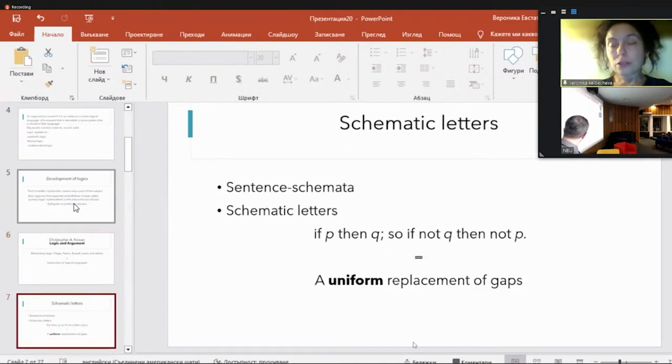So he introduces the term schematic letters, and sentences that he calls schemata. If P, then Q, so if not Q, then not P. This is what he calls a uniform replacement of gaps. Sentences with gaps, and instead of gaps he puts letters, calling it uniform replacement.